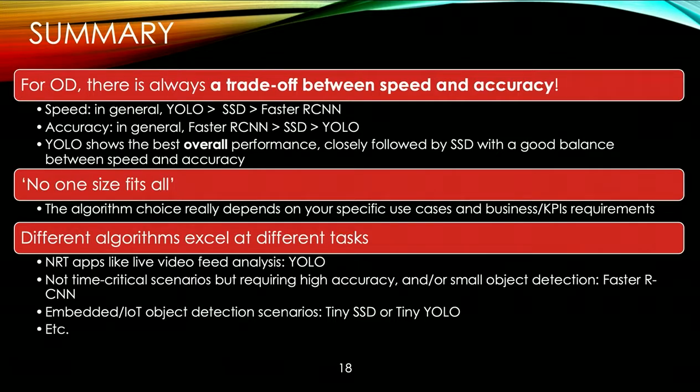If your application is not so time critical, but you require high accuracy for prediction, or have challenging small object detection, consider using Faster R-CNN as a good baseline. Also, if your project is related to embedded IoT object detection scenarios, try tiny SSD or tiny YOLO and more.